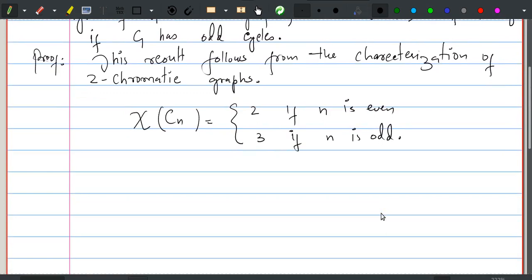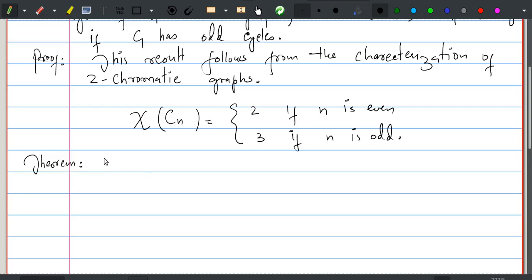Now let us prove another theorem. This is again a characterization of two chromatic graphs, and it states that a non-empty graph G is bicolorable if and only if G is bipartite.